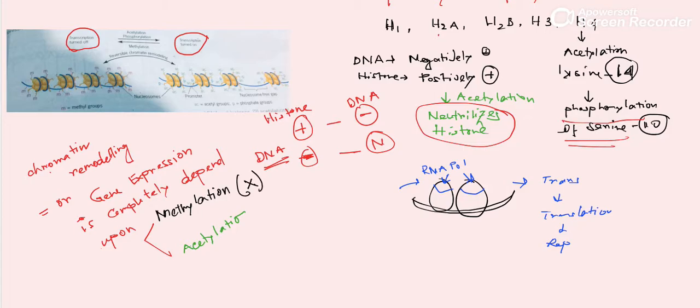Methylation stops the expression of the gene, and acetylation helps to express the gene.